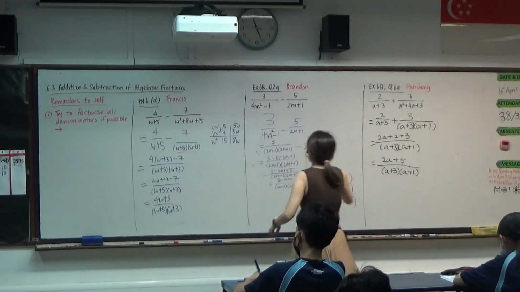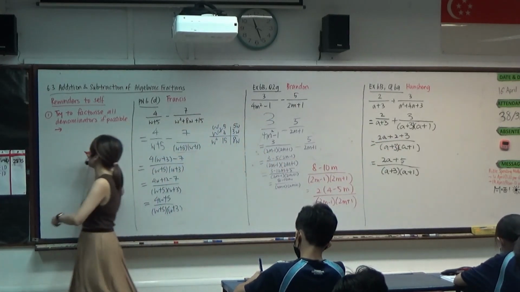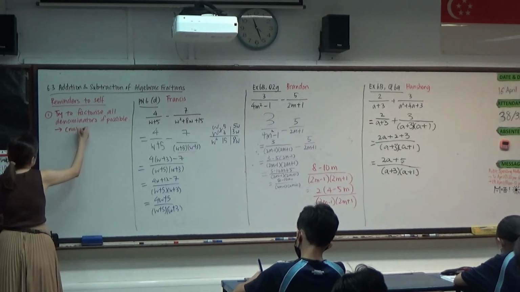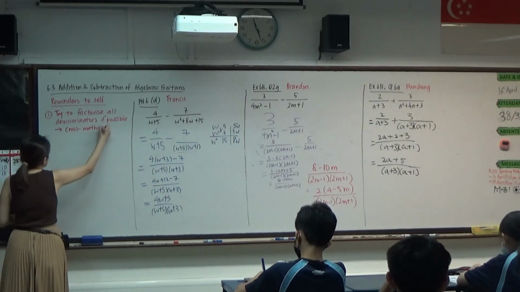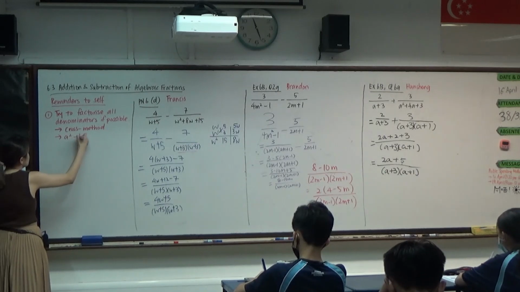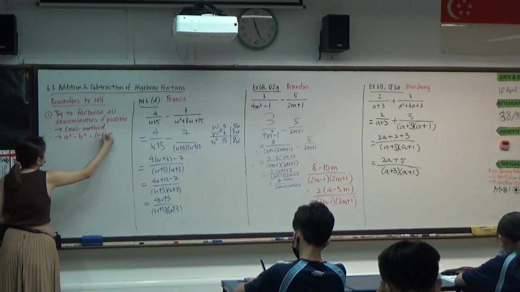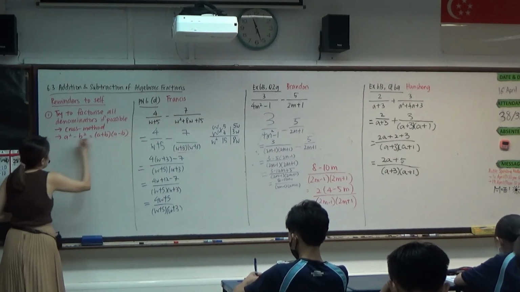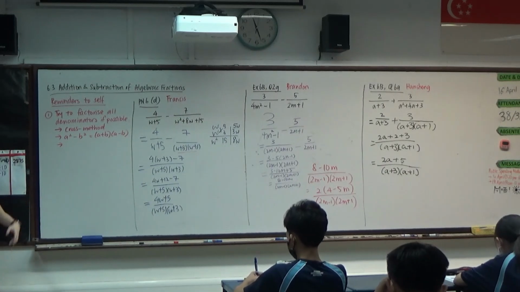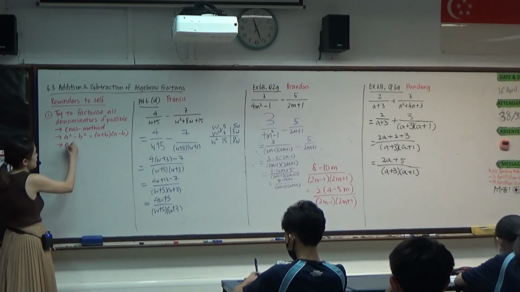To factorize it, we commonly see the cross method being done. Likewise our identity a squared minus b squared. And then also earlier on we have seen just simple extraction of common factors.